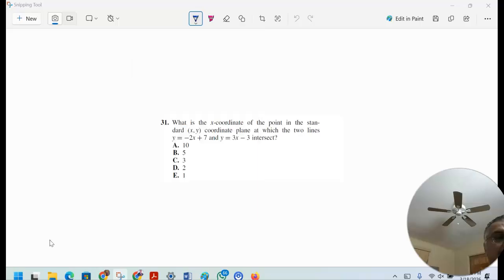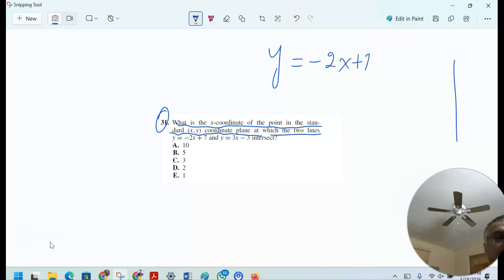Question 31 says, what is the x coordinate of the point in the standard coordinate plane at which two lines intersect? They give you two lines. The first one is minus 2x plus 7, which is of the form y equals mx plus b.